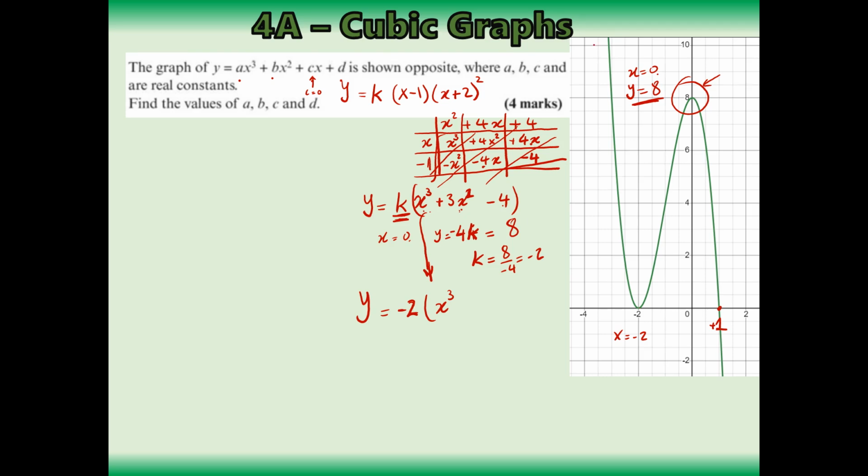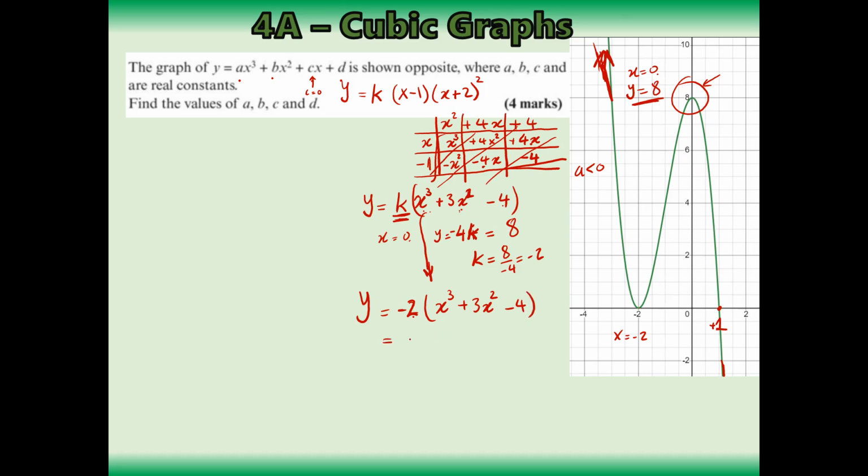And you can tell, of course, if you look at the end of the graph here. The end of the graph is telling us that the value of a is negative. Right? And we didn't have a negative in front of x cubed, did we? That's why now we have a -2 that we need to multiply into the function, all right? Into that bracket.